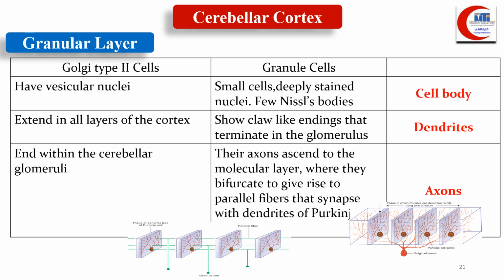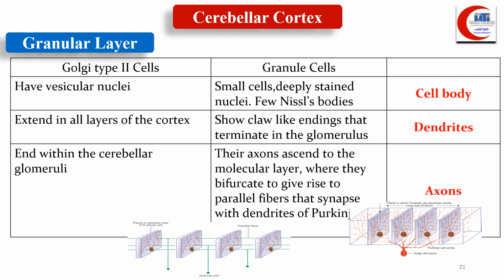However, in the Golgi type 2 cell, you can see that its nuclei are vesicular in shape or open-faced nuclei. As regards dendrites, what is the difference? In the granule cell, you will see claw-like endings that terminate in the glomerulus. Meanwhile, in Golgi type 2, these dendrites extend in all layers of the cortex.